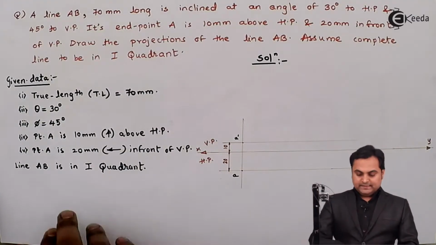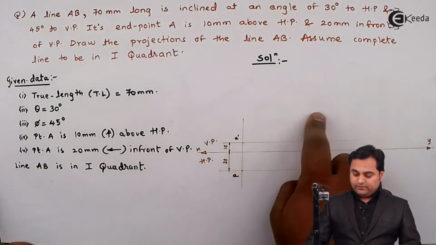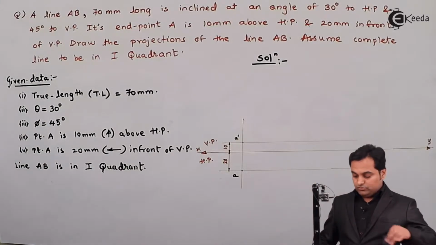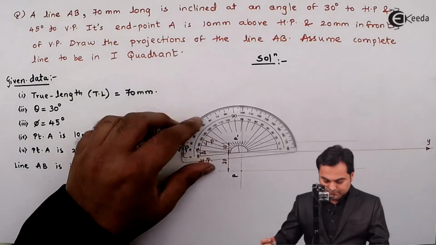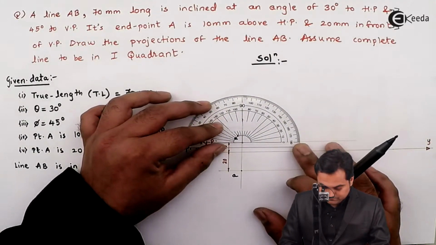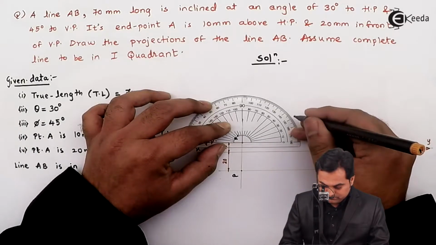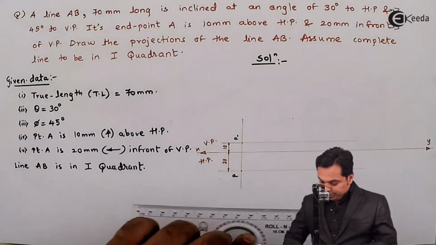Now the line is inclined at an angle of 30 degree with HP, so that will be visible in VP. So from A dash, I'll measure an angle of 30 degree. Drawing a light line through it.